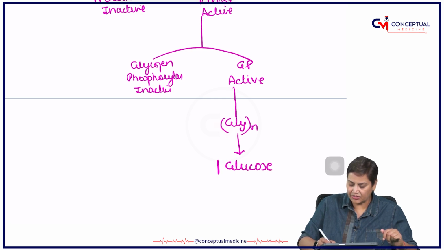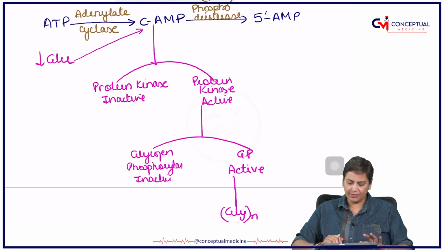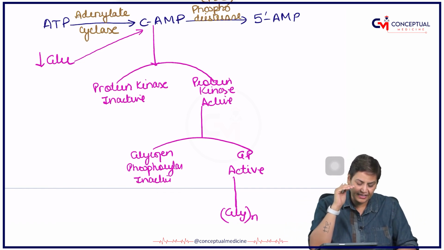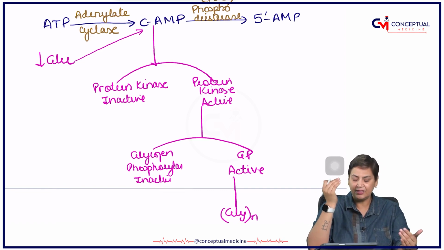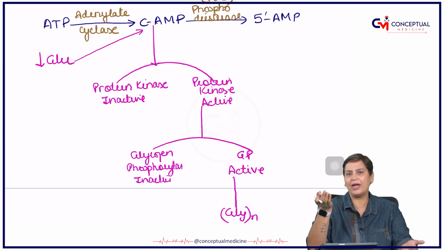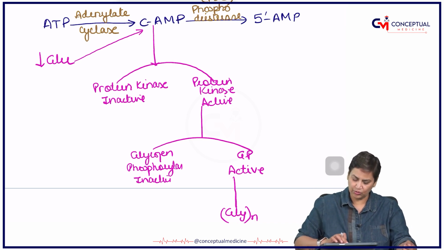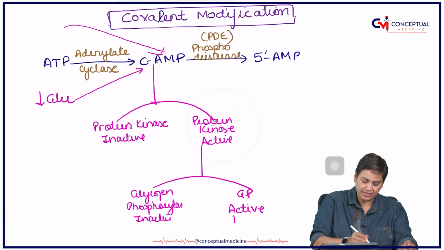So that means the concentration of glucose will increase. Okay. So you can simply see that it's like a cascade of reactions. Whenever there is decreased concentration of glucose, it will give instructions to cyclic AMP to convert protein kinase into active form. When protein kinase is made active, it will convert glycogen phosphorylase into active form, thereby breaking glycogen to release glucose. And this is under the influence of GPCR, G protein coupled receptor.